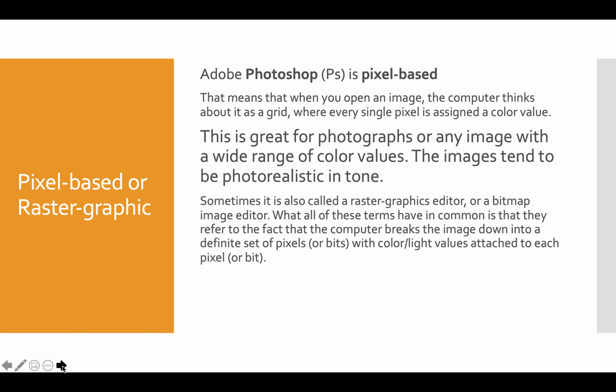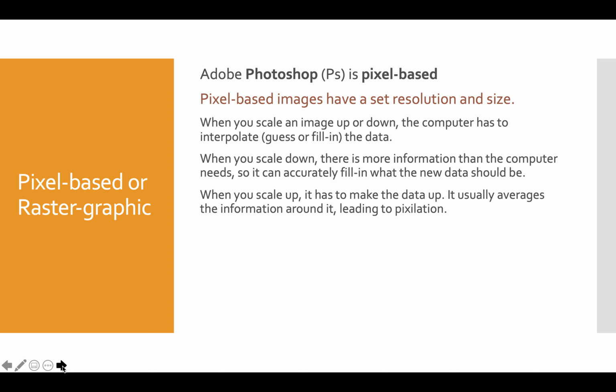All of them refer to the fact that the computer takes the image and breaks it down into very specific sets of pixels or bits with different color and light values attached to each one of them. And that process is called rasterization. So remember that Photoshop is basically a gigantic grid that you set the parameters on. So it has a set resolution and size.